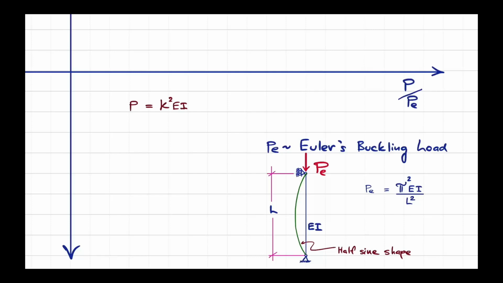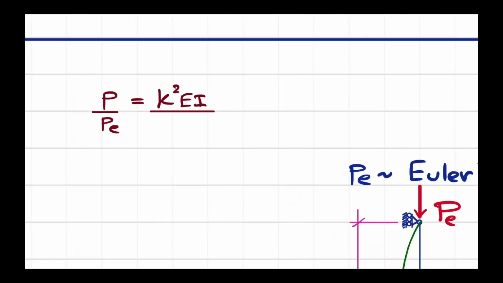Then you divide P by PE, which is pi square EI over L square.